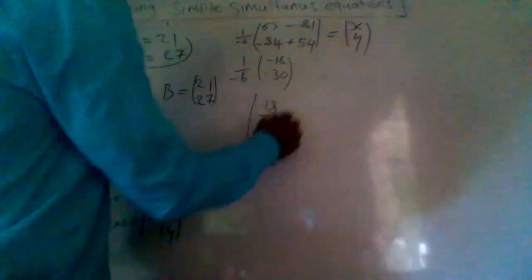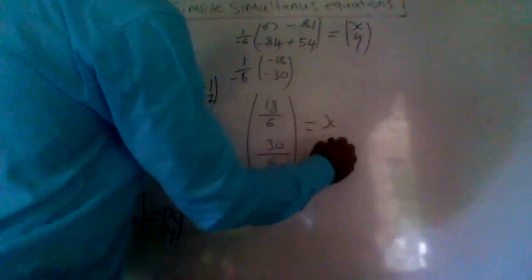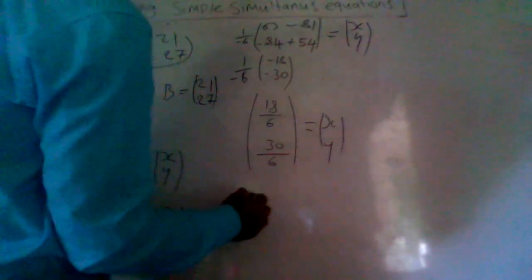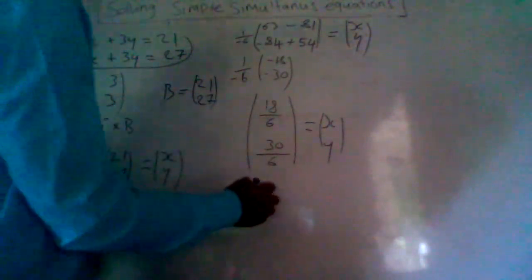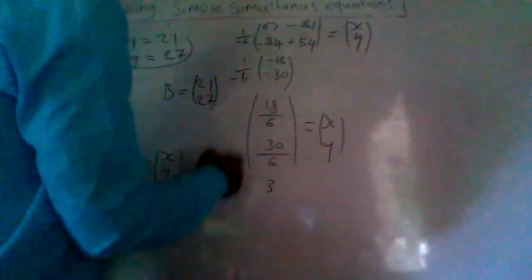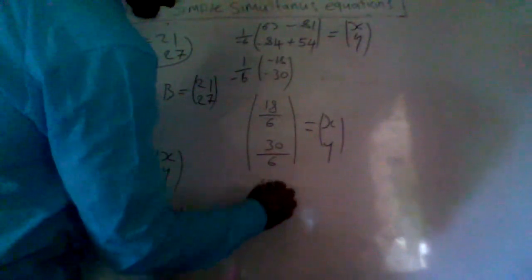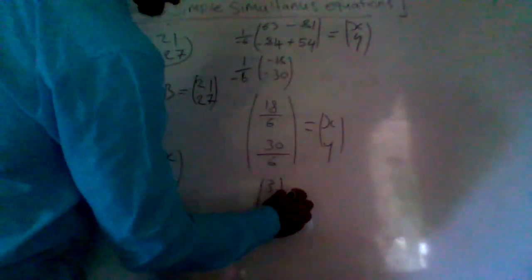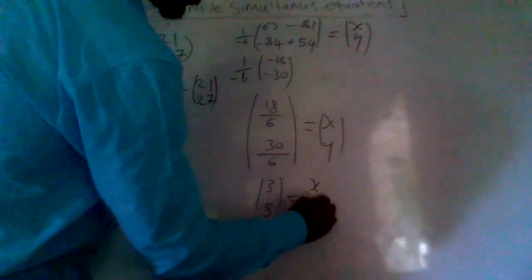And that will be equal to xy. So 18 divided by 6 will be 3, and 30 divided by 6 will be 5. So x equal 3 and y equal 5.